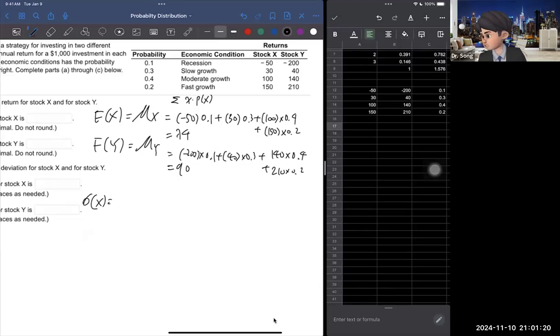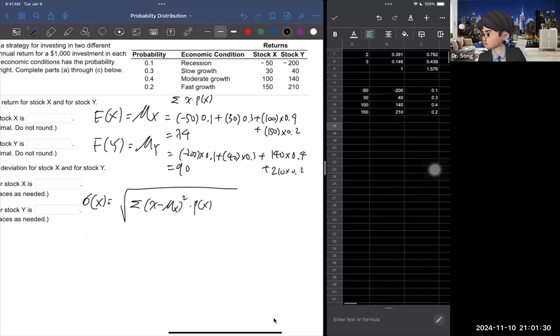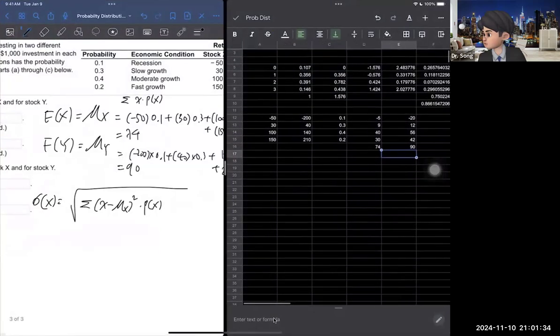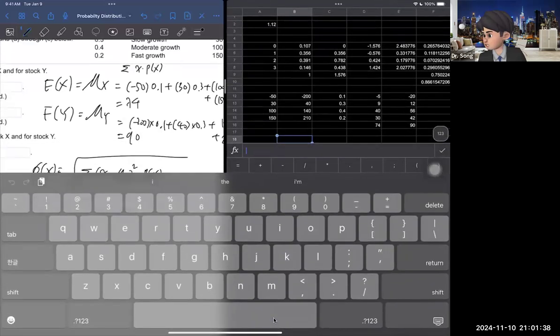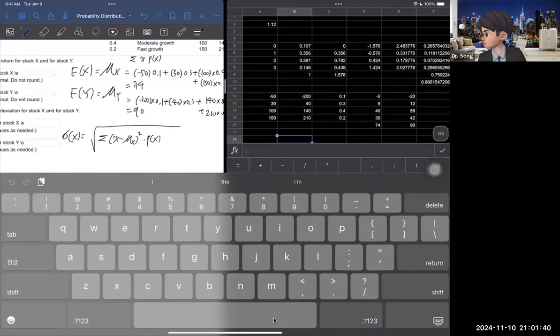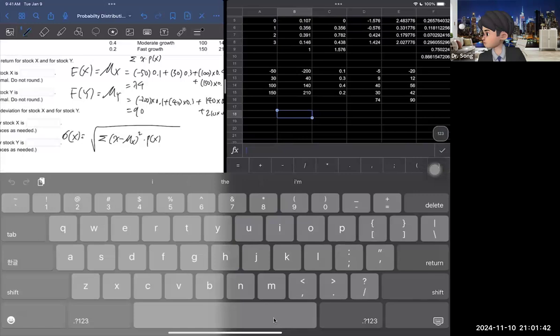So the formula I told you is square root of the summation of x minus E of x, and E of x is the same as mu of the x, squared, times the probability of x. So let's do it. All right. So here, I'm going to calculate the x minus mean of the x. So here put the equality, -50 minus the mean, which is 74, right?